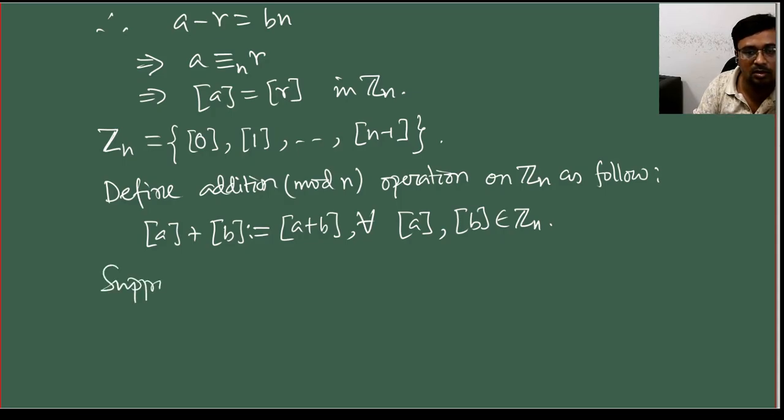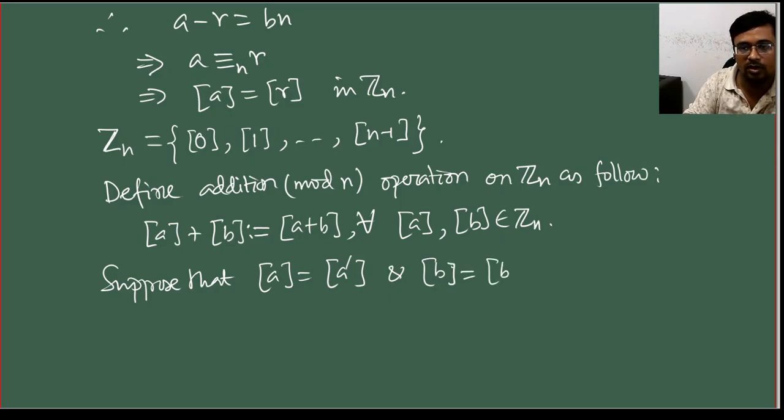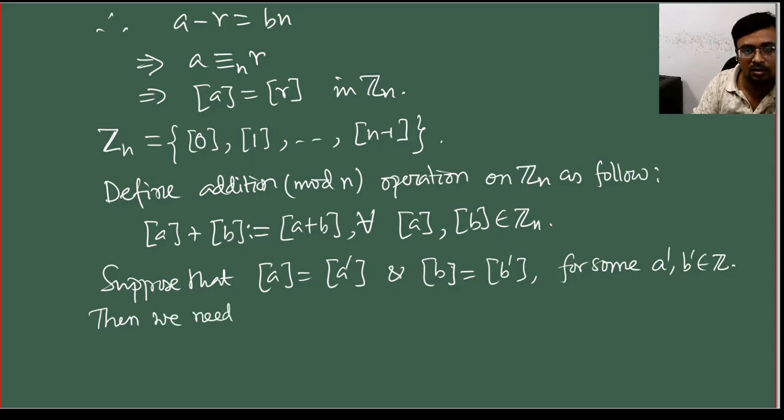Suppose that class of a equals class of a prime and class of b equals class of b prime for some a prime, b prime in Z. Then we have to show that the class of a plus b is actually class of a prime plus b prime.